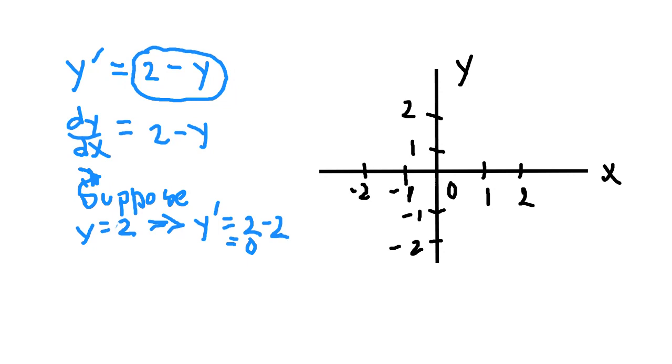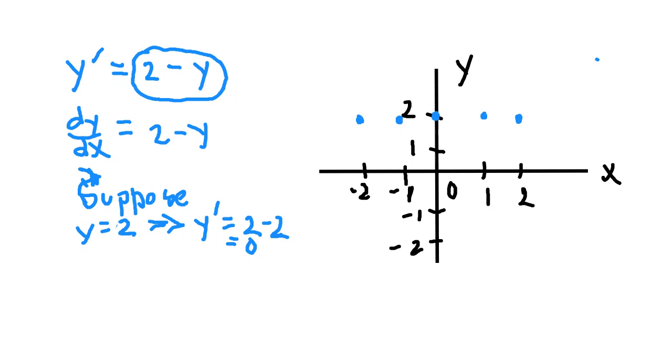So this means that for any coordinate where the y coordinate is 2, the derivative of y with respect to x is 0.